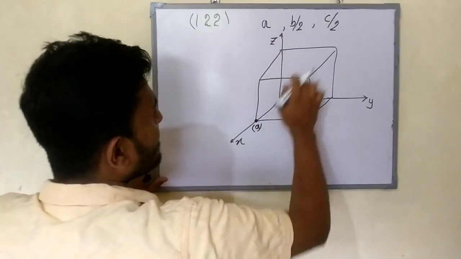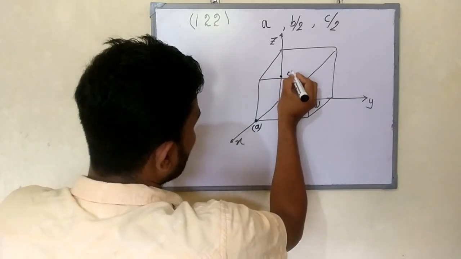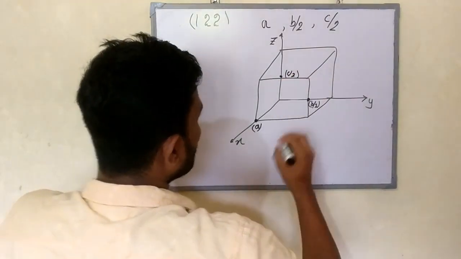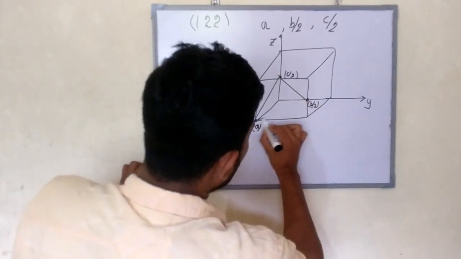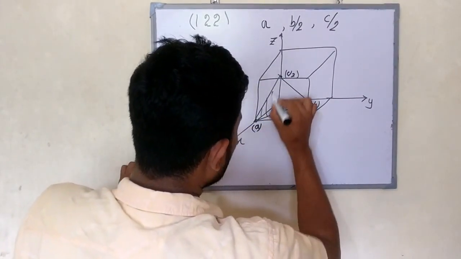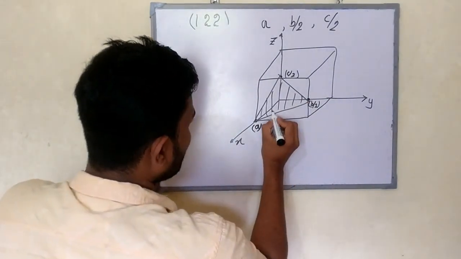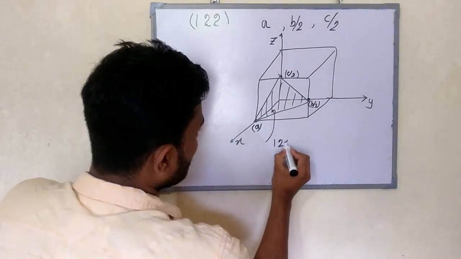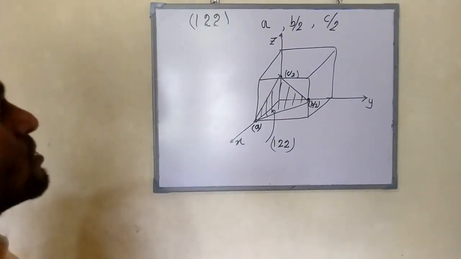And on the z-axis it is c over 2. That means this one is c over 2. So now your plane is like this. So this is the plane having Miller indices 1, 2, 2, or the hkl values 1, 2, 2.